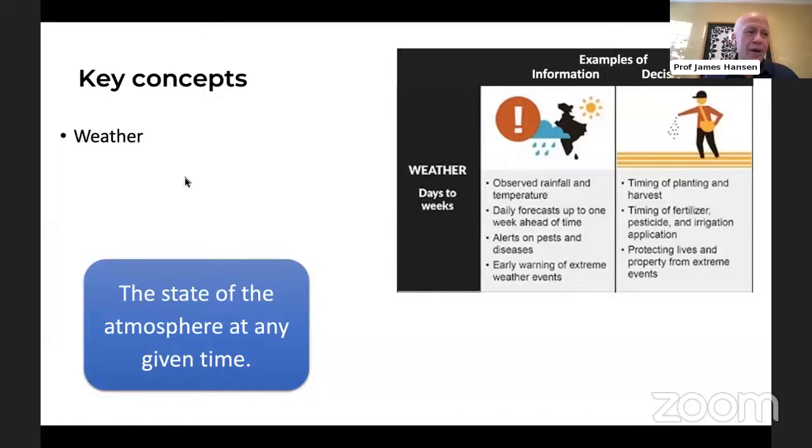Weather forecasts make a prediction of what temperature and rainfall will be like each day, or sometimes shorter time scales. It can include alerts about extreme weather conditions or impacts on agriculture at the same time scale.